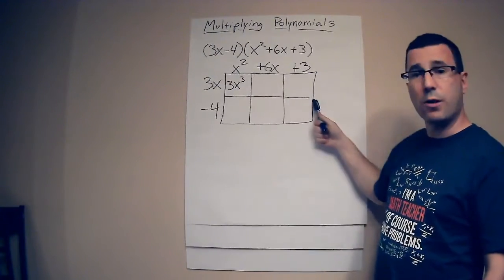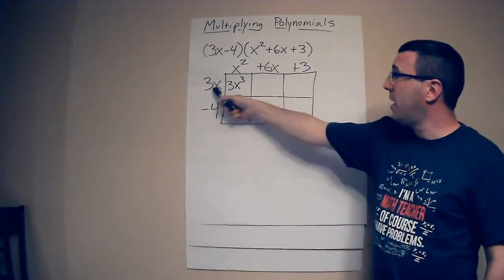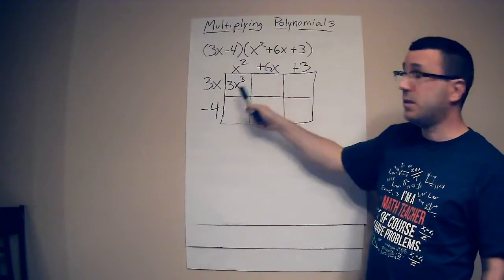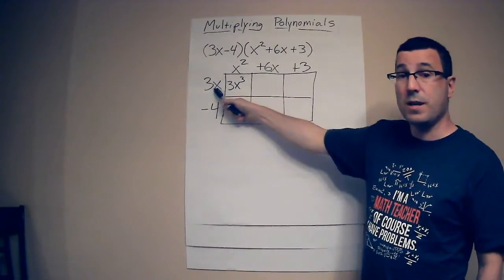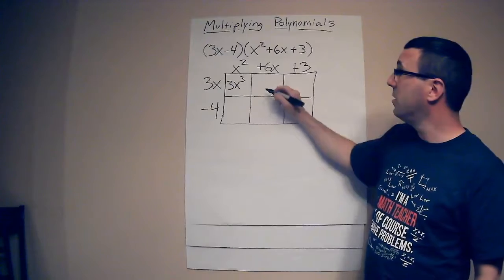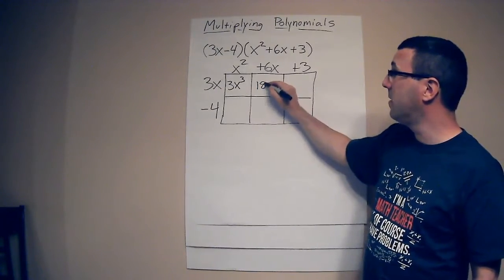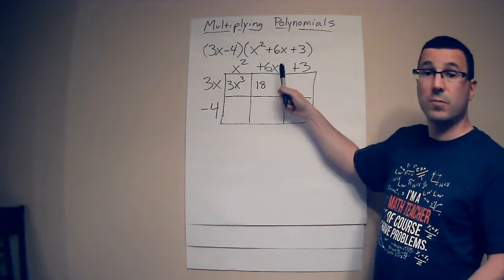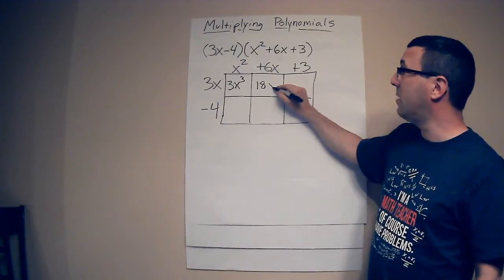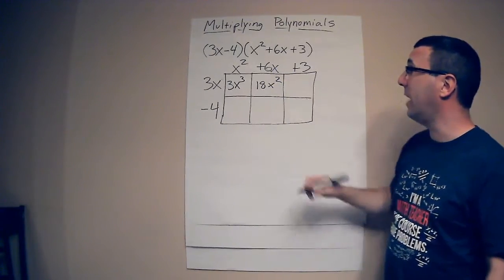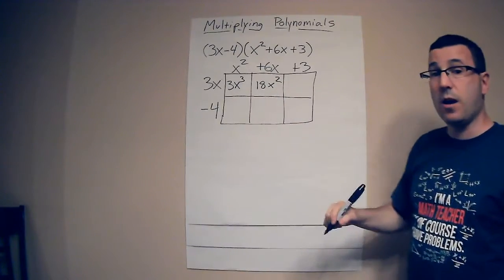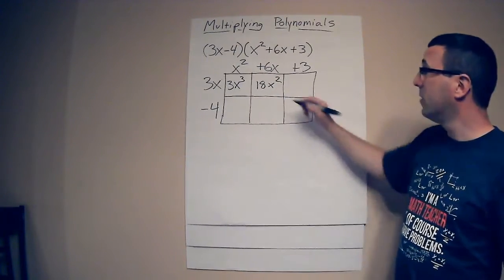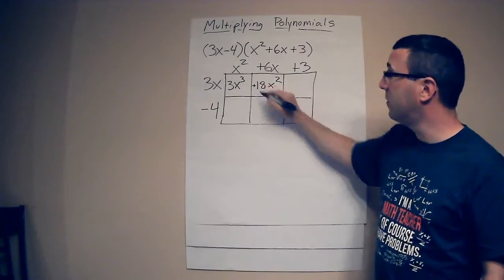I'm going to go straight across. 3x times positive 6x. First I'm going to do the numbers. 3 times 6 is 18. And then I have an x times an x. Again, something times itself is squared. So we're going to have 18x squared for our second term. And I'll even put the plus so we have that there.